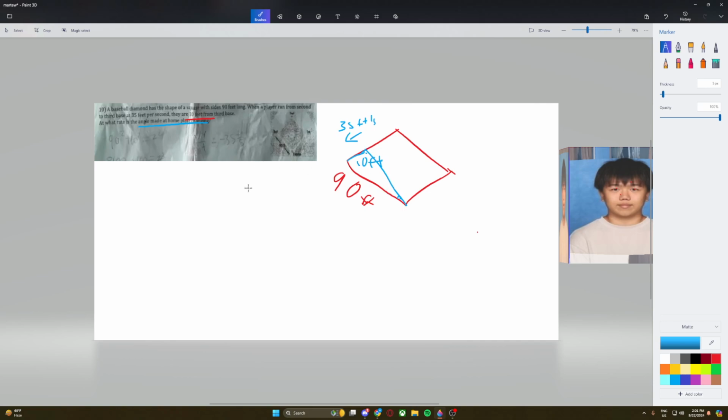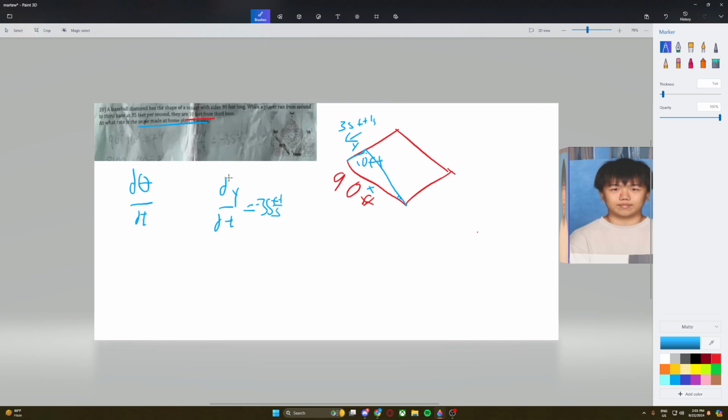What it's asking for is d theta over dt, when, let's say this is y and this is x, dy/dt equals negative 35 feet per second.